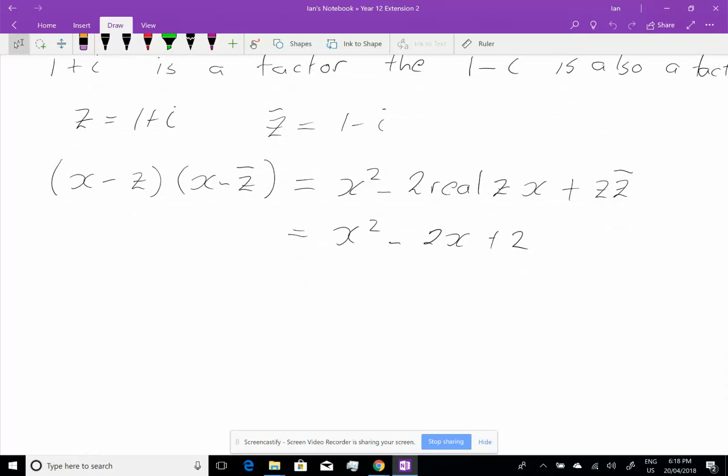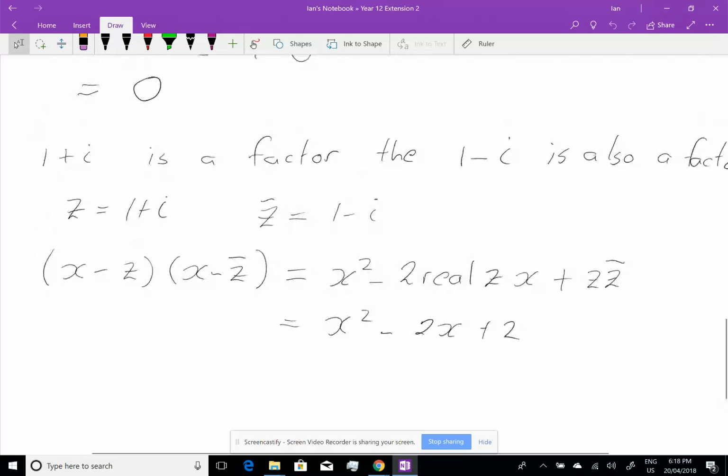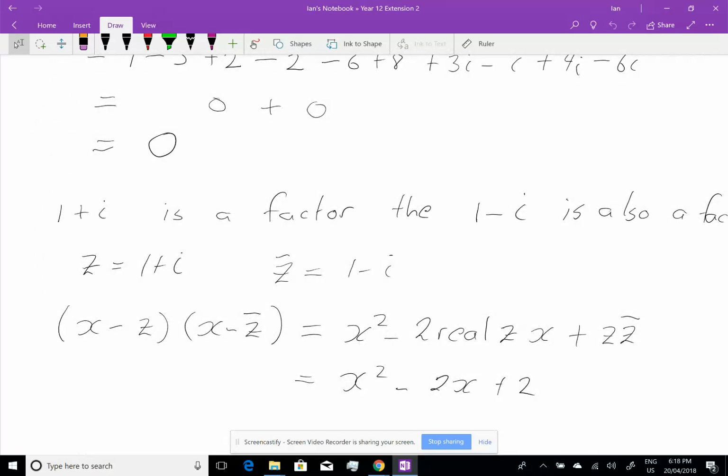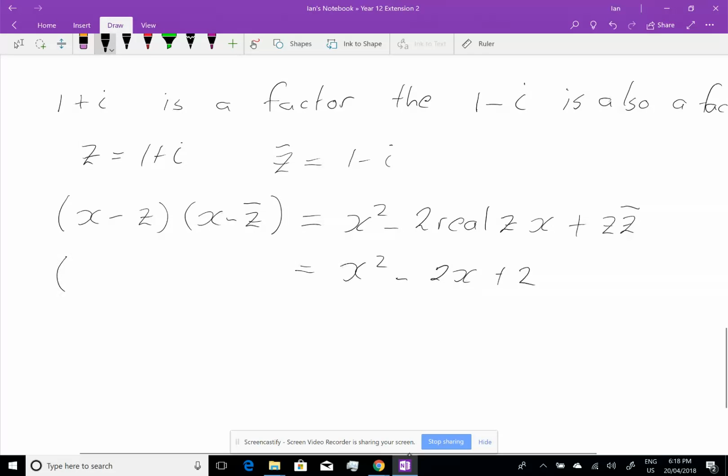So that's what x minus 1 plus i and x minus 1 minus i equals.